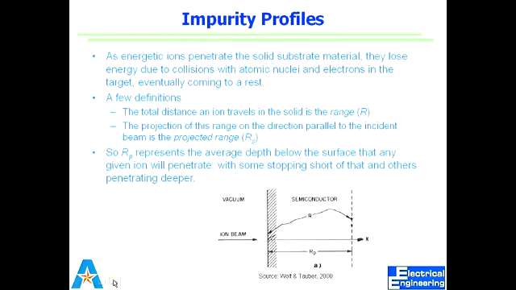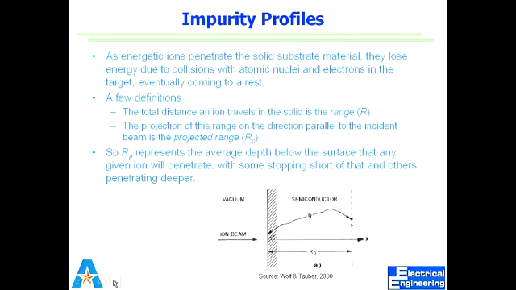Part of the reason is that there are some things we have to define. There's one distance called the range, how far the ion travels, and the other is the range parallel to the incident beam, which is the projected range. We think it's getting to a certain depth, but the doping profile actually extends beyond that range.